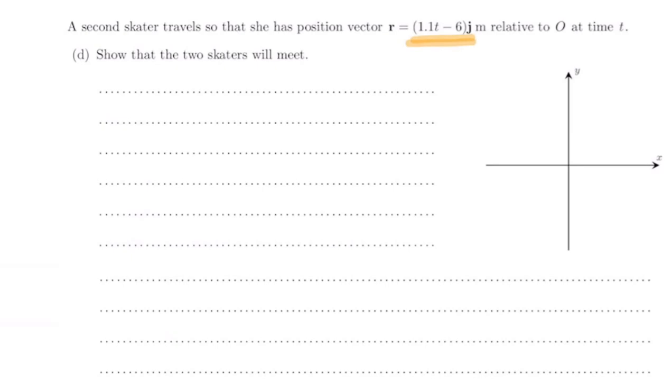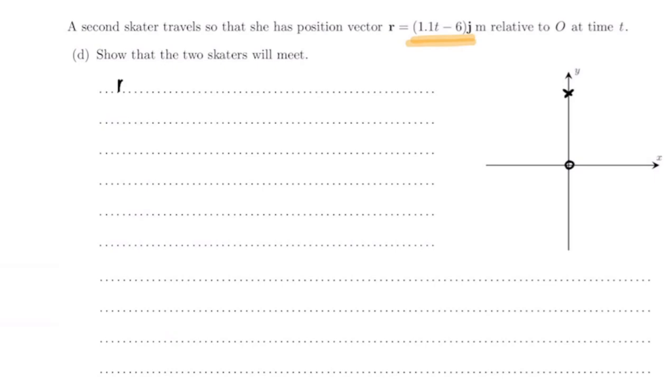That means that the second skater is actually travelling in the y direction at some time t. They're on the equivalent of the y-axis. You're looking down on the ice, so they're travelling straight up in the j direction, so in the y direction. So you've got to show that the two skaters will meet.